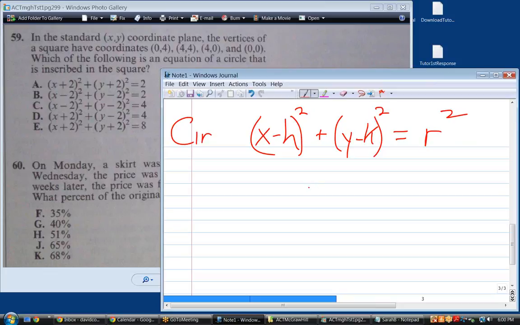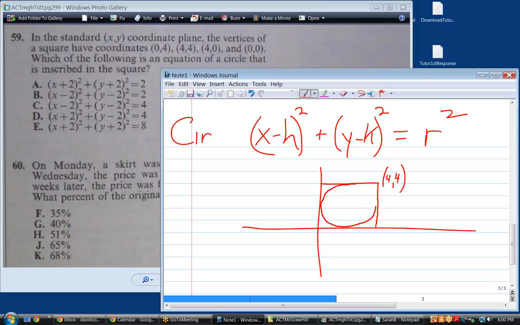Okay. Well, in this particular problem, we said draw a square, put a circle inside, and tell me the equation of that circle.